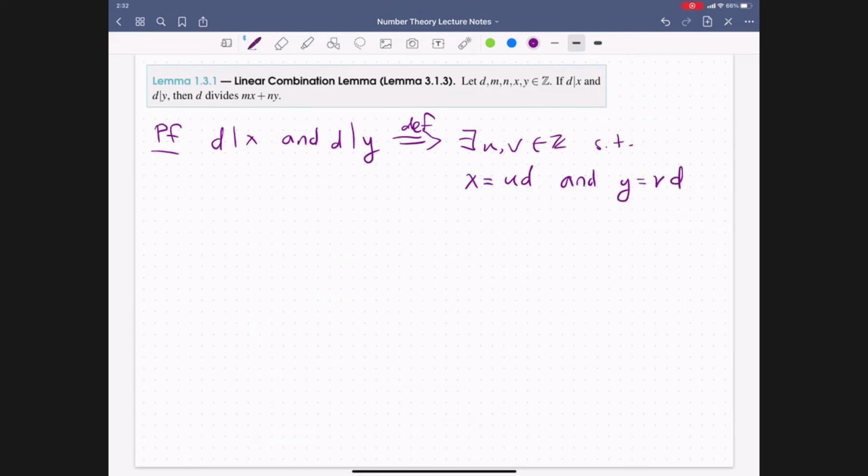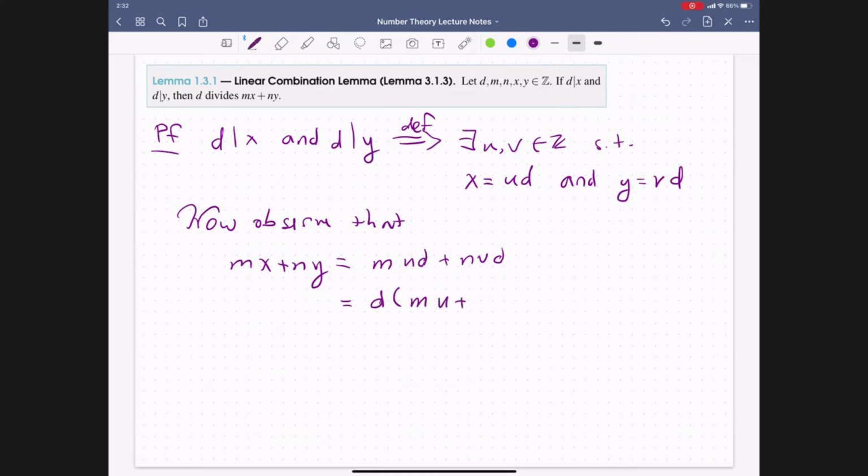So now if we look at mx plus ny, then substituting in the values for x and y, we get m u d plus n v d, which allows us to factor d out: d times (mu plus nv), which implies that, by definition, d divides mx plus ny.